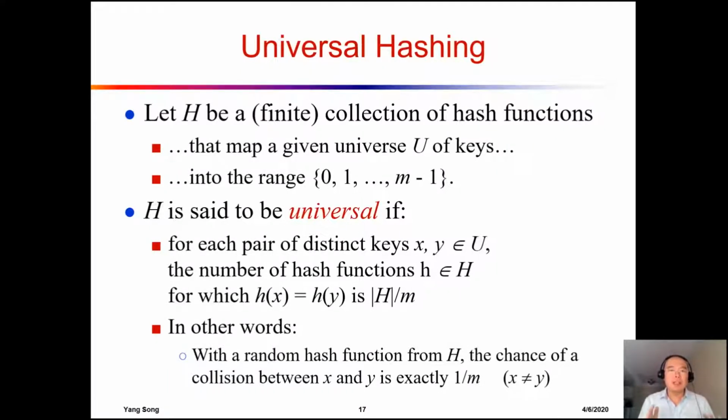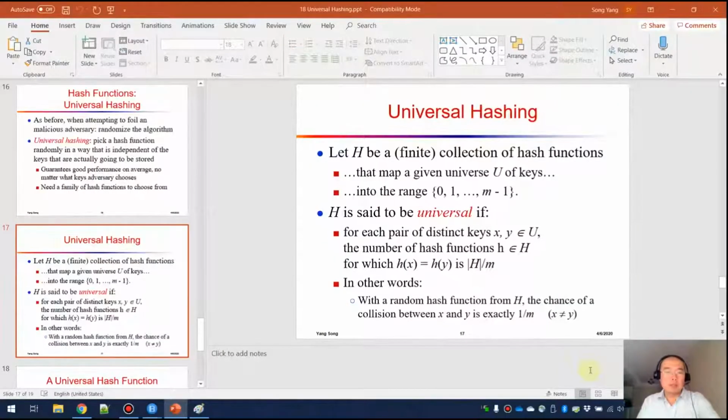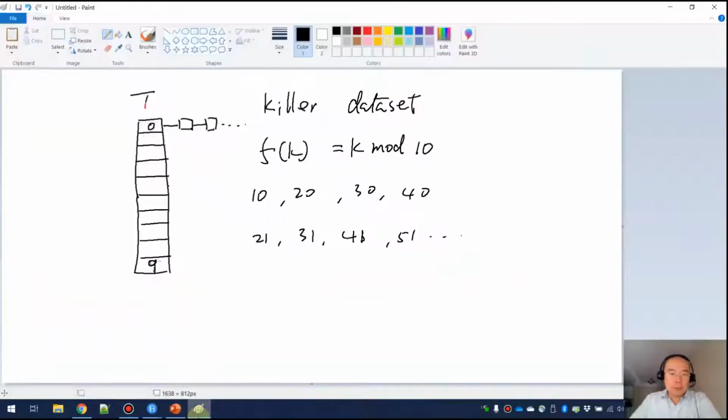Okay, so if we have these hash functions, and then we have a collection of good universal hashing functions. Let me give you a bad example. If we have a function f_bad(k), well, return 1.